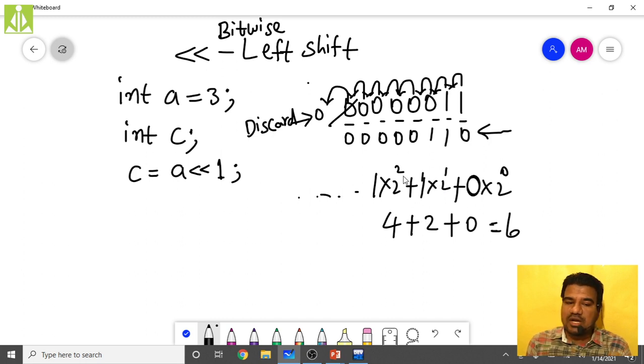Now I will take another, more complex example and try to solve that one so that you will understand this concept of the bitwise left shift operator thoroughly. Here once we performed, now I will perform twice, but on a different value.